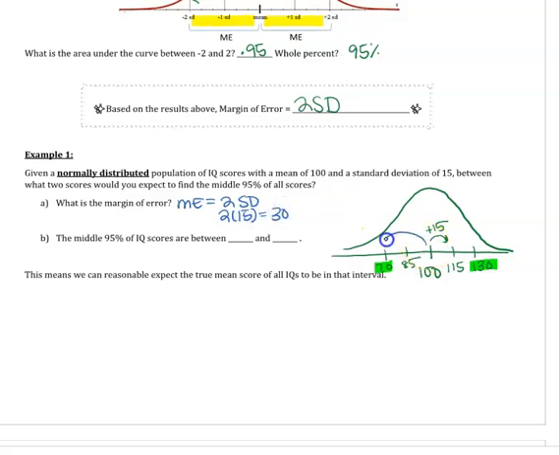So if you go 30 in either direction, which is our margin of error, or 2 standard deviations of 15, that's where you're going between 70 and 130. That's my middle 95%. Now, this means that we can reasonably expect the true mean of all IQs to be in that interval.